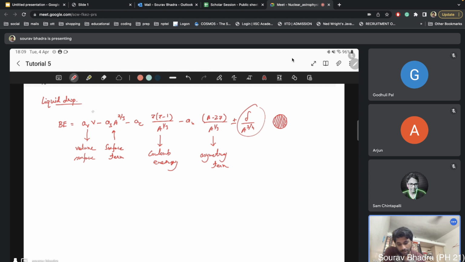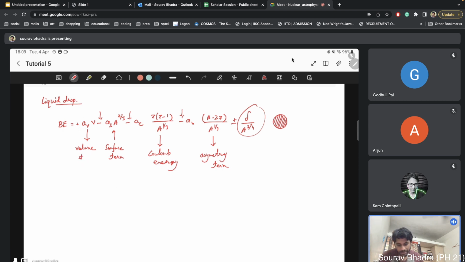One thing you can see is that the first term is positive, but the signs before all the other terms are negative. That means you are subtracting some quantity from the first quantity, which is the volume term.